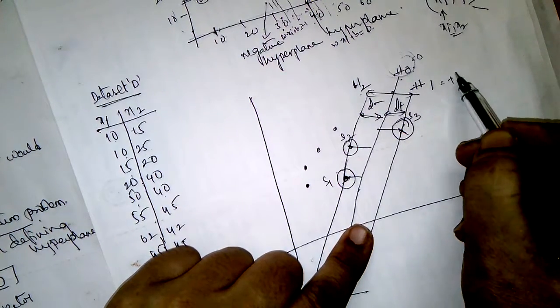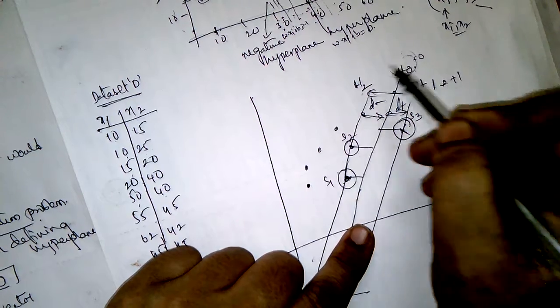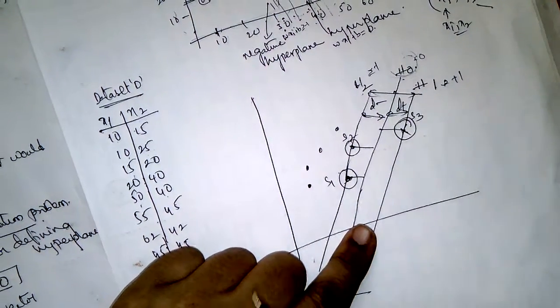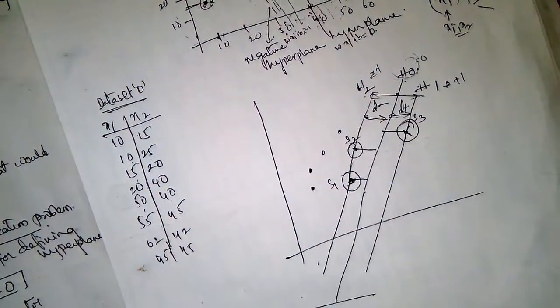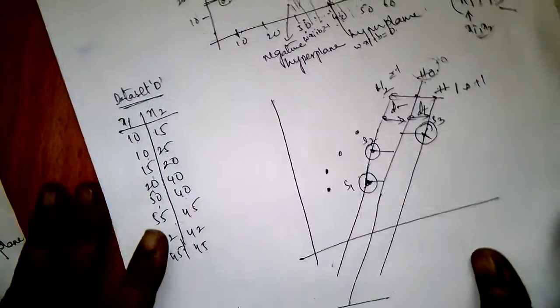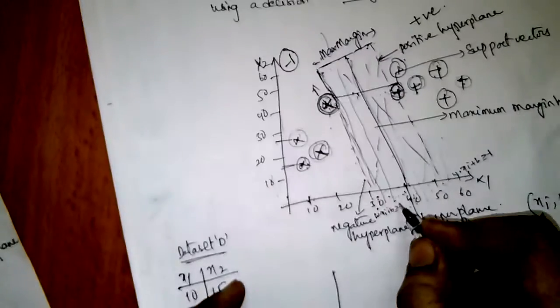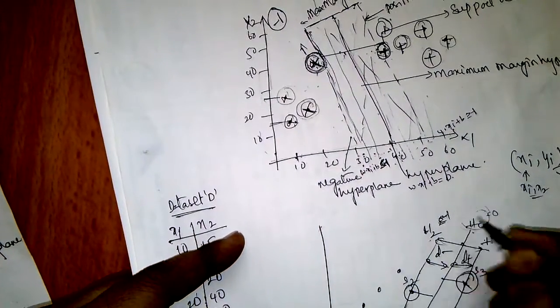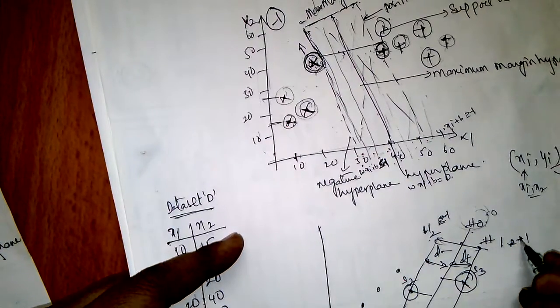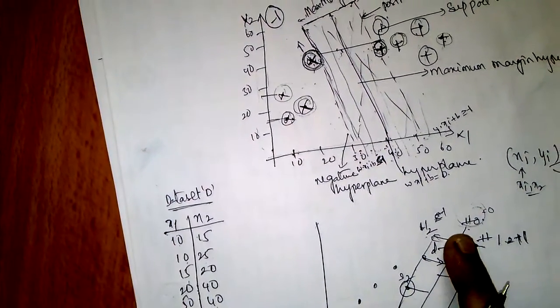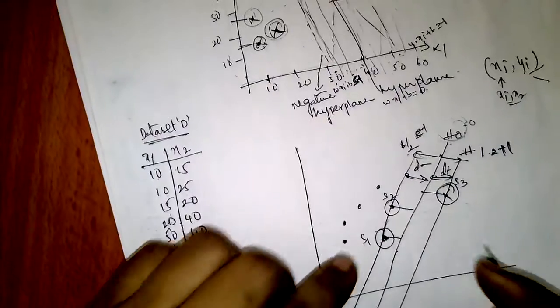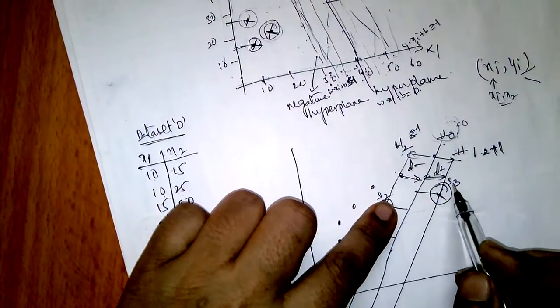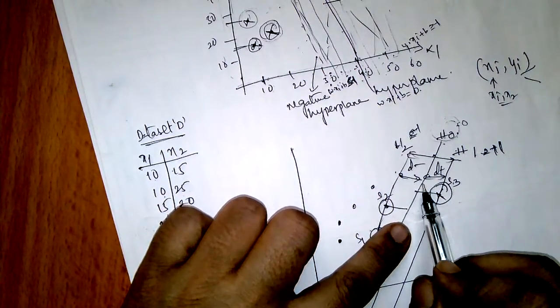So now this is the negative hyperplane, positive hyperplane, and optimal hyperplane.